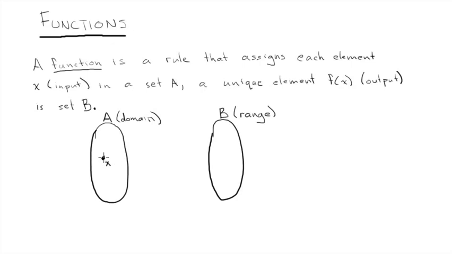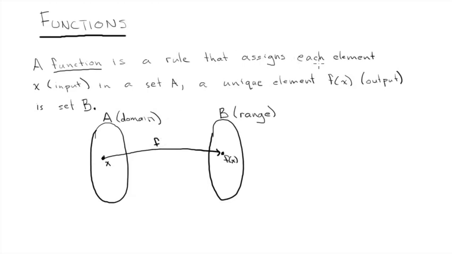What f is going to do is give us a rule for assigning this element to some other element here. So f, the function, is just whatever that rule is, which takes us from x to some other element in B, which we'll call f at x. This rule, whatever it is, is the function.